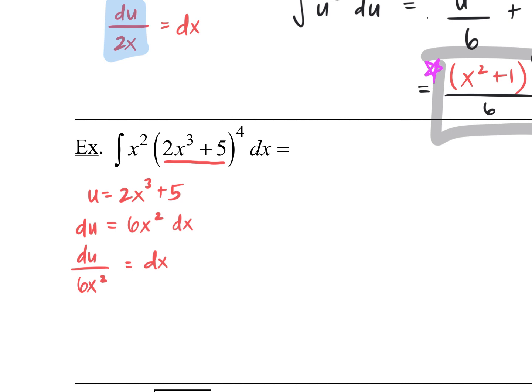Yeah. So let's rewrite my integral in terms of u and my du. Okay, so this is now going to become the integral of x squared times u to the 4th power. And then instead of my dx piece, I'm going to write du over 6x squared.